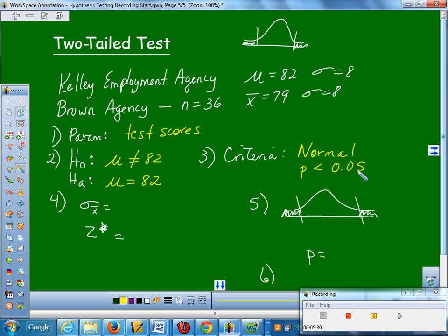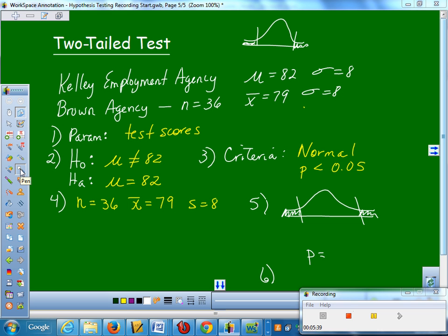Okay, we need to list all our sample data. So if we list our sample data, N, the number of people we sampled, was 36. We need the sample mean, which was 79, and the standard deviation on that sample, which was 8. We then also need the population information up there as well.